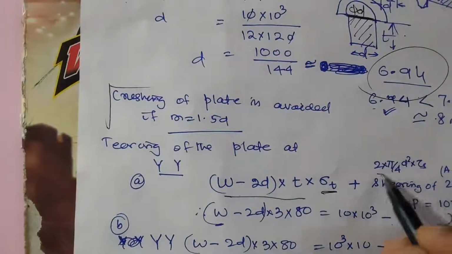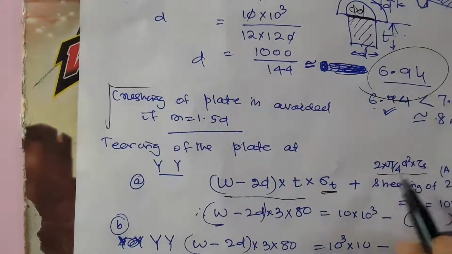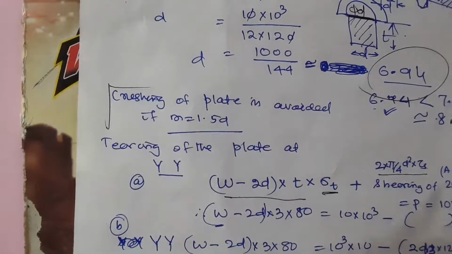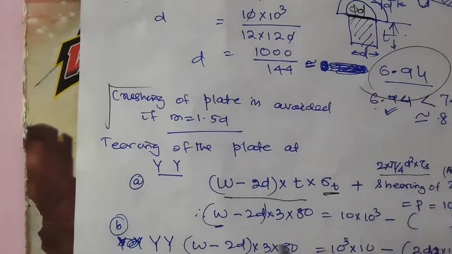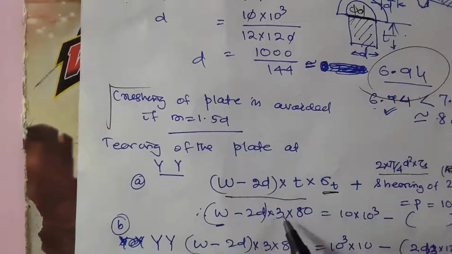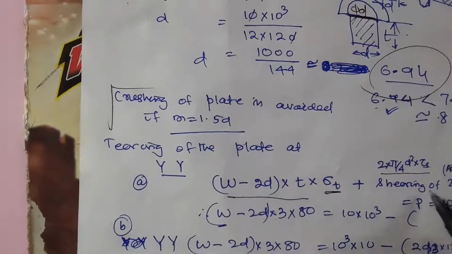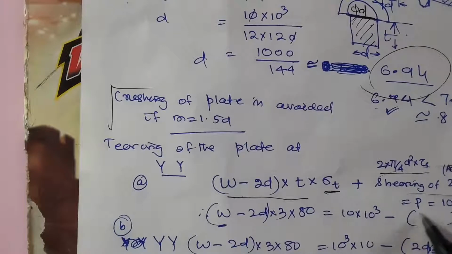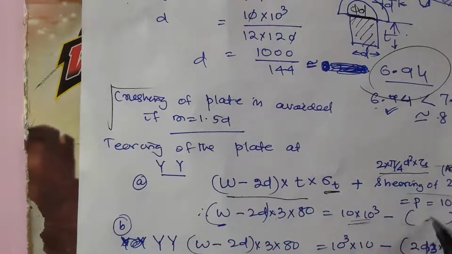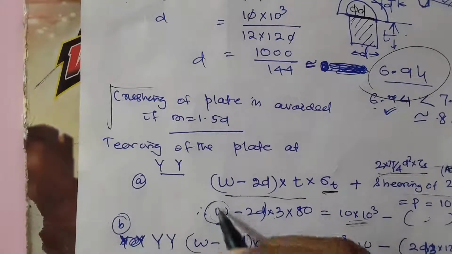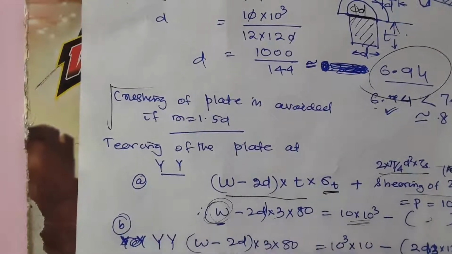Per rivet, the shearing is pi by 4 d square tau s, and 2 rivets. So this amount has to be reduced from 10 kilonewton.